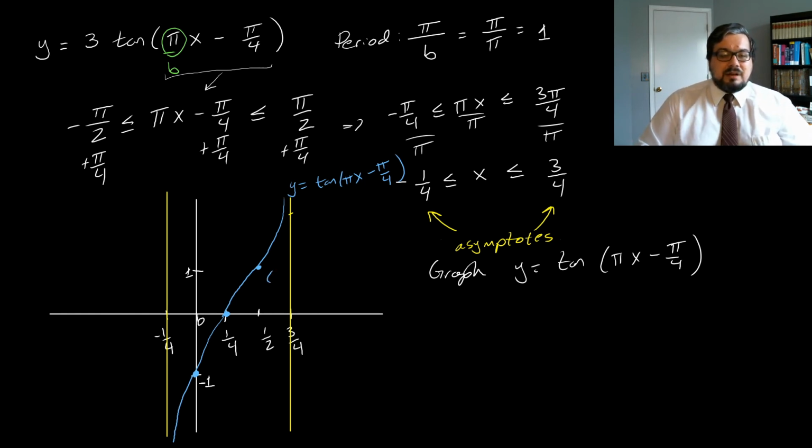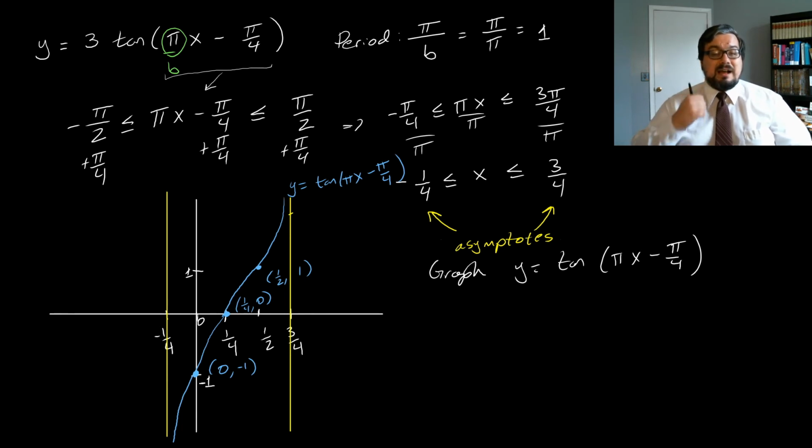So it's actually helpful to write down what the coordinates of these points are for the next stage. So the 3 points that we have on our graph are 1/2, 1, 1/4, 0, and 0, -1.